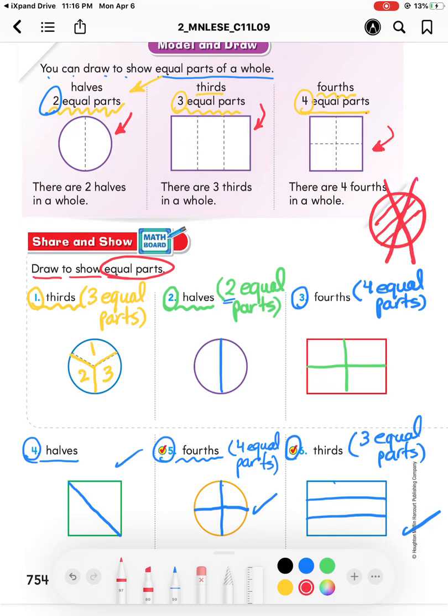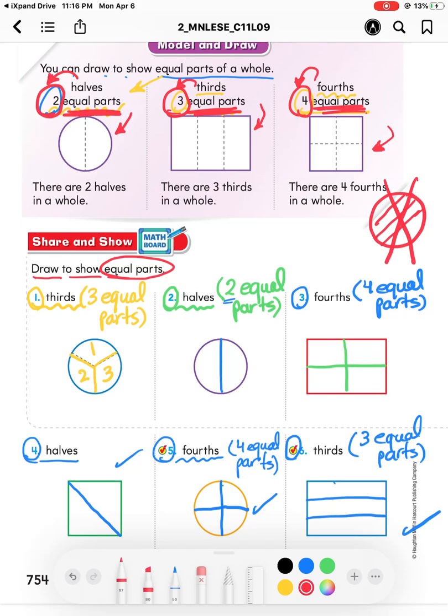No, this is not equal parts, okay? So they should be equal parts, and you can see here, equal parts. And it's very important to know that halves means 2 equal parts, thirds means 3 equal parts, and fourths means 4 equal parts, okay?